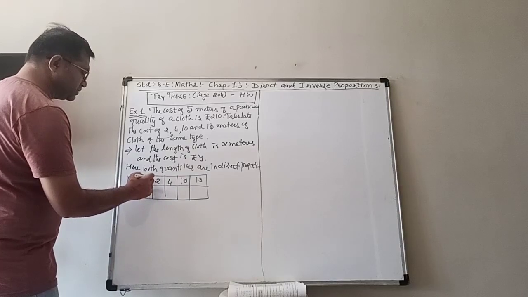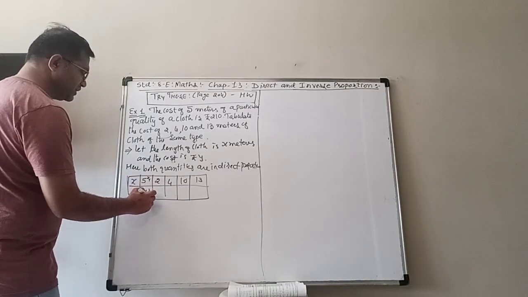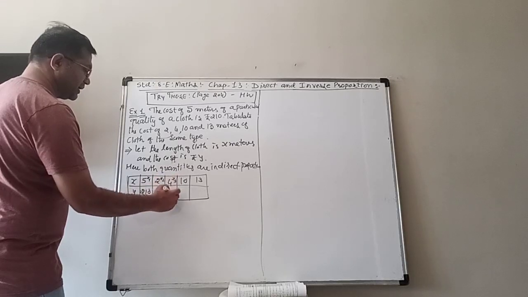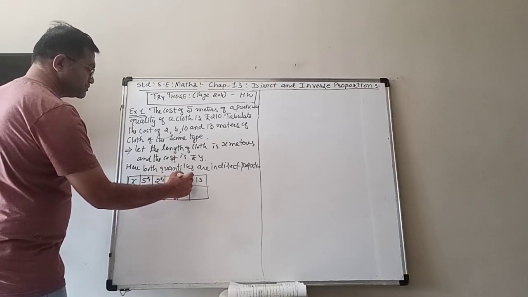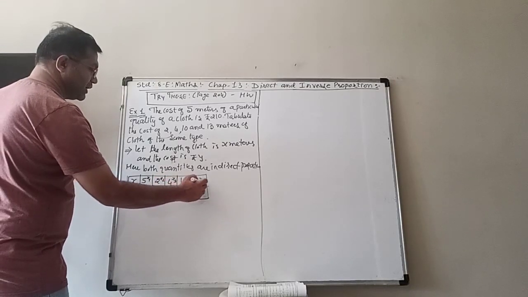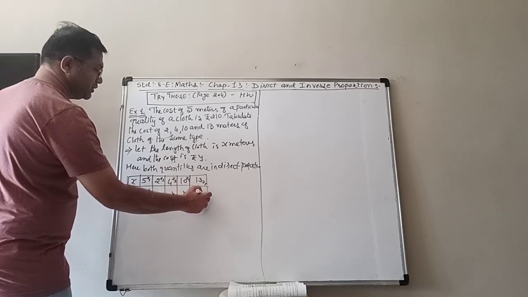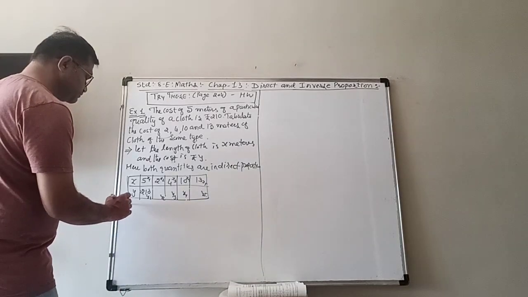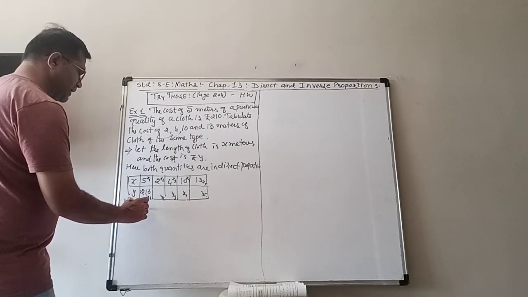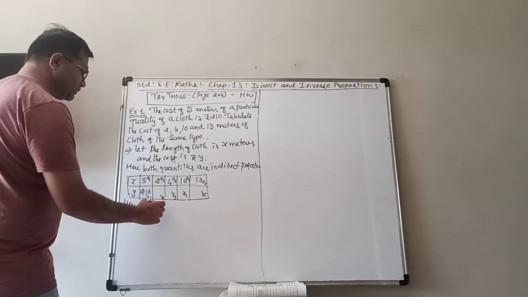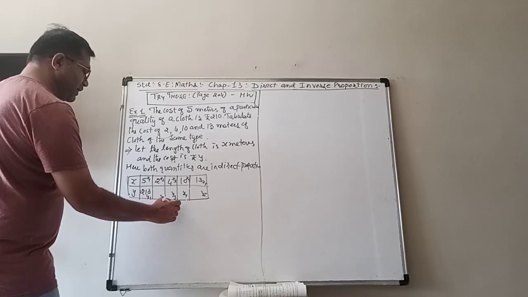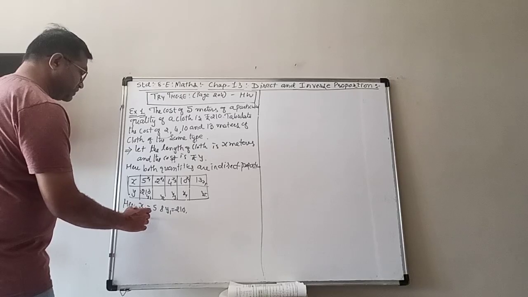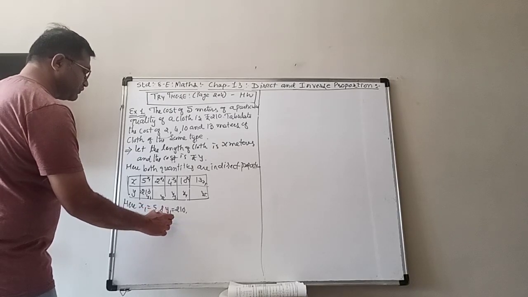So here you can take x1, y1, x2, y2, x3, y3, x4, y4, x5 and y5. So now x1 is equal to 5 and y1 is equal to 210. x2 is equal to 2 and we have to find y2.